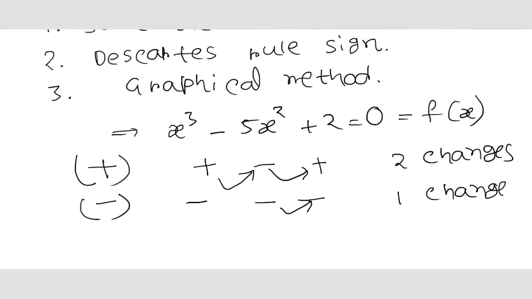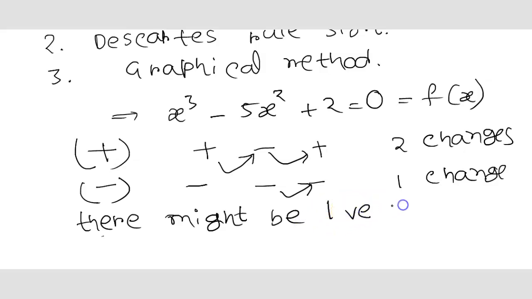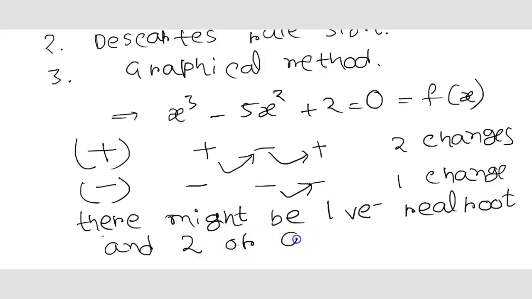By this, we can say that there might be one negative real root and two or zero positive real roots.